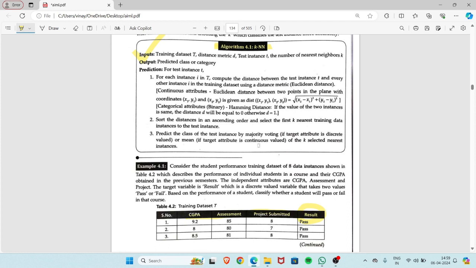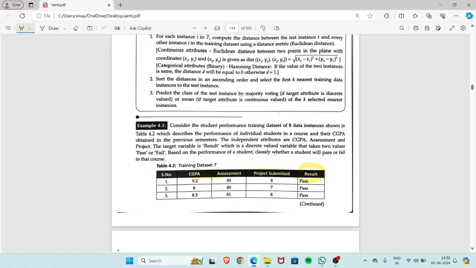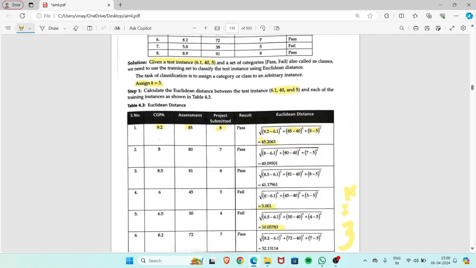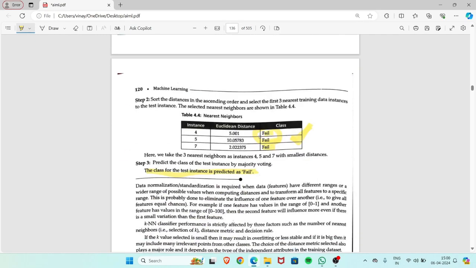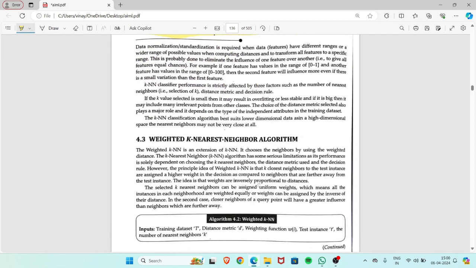Then, based on the K value, find the shortest, or least, Euclidean distances. After that, predict the class with majority voting. Here the majority voting goes to fail, so the predicted class is also fail.